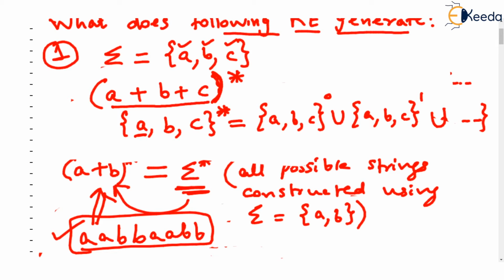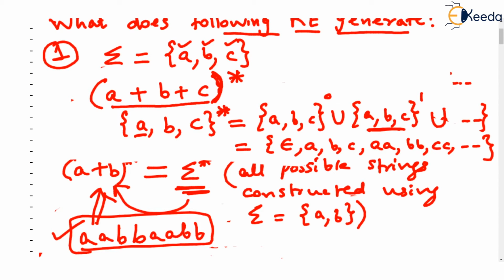The first operation will give us epsilon. The second operation will give you strings of size 1. But (a+b+c)^2 is going to give us aa, bb, cc and all possible combinations. And this will be an infinite set. So that's the meaning of (a+b+c)*.